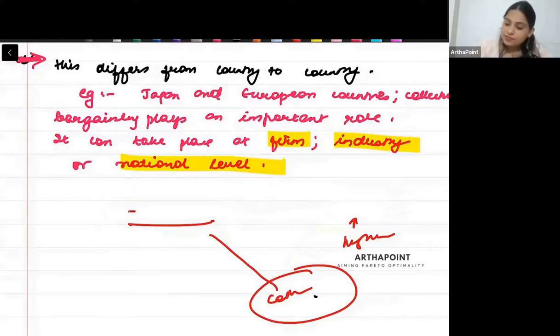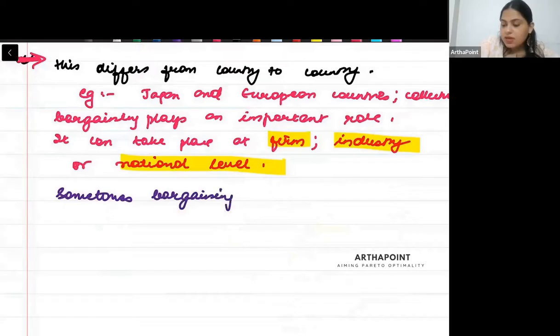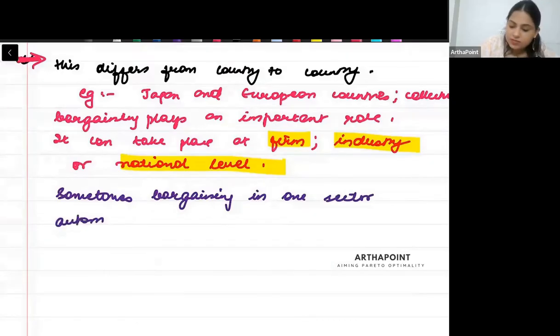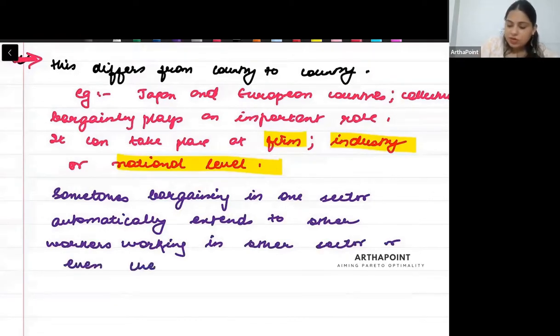So what we can say? Let's finish this answer. So we can say that beta, sometimes bargaining in one sector automatically extends to other workers working in other sectors, or even the entire economy.